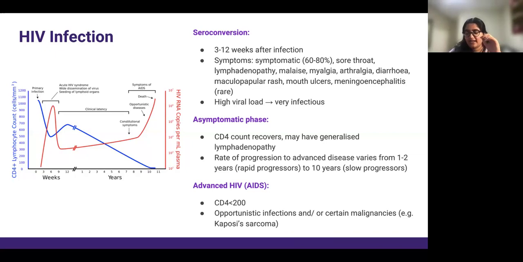And then it progresses, because once it comes inside the body, it manages to make its way into the CD4 cells, which are T cells, and it manages to integrate itself into the DNA of T cells.